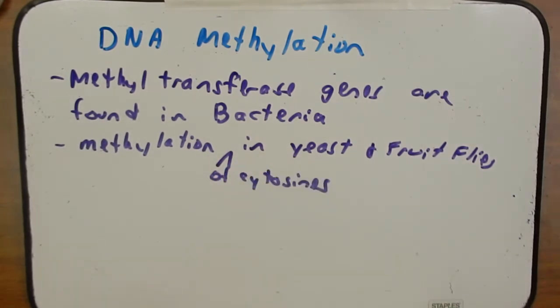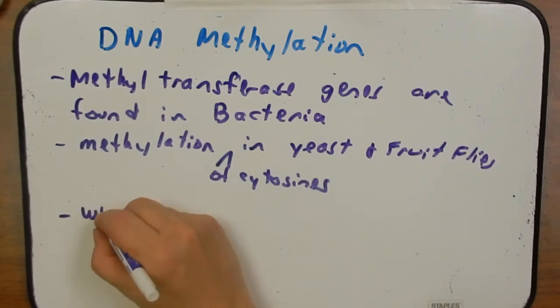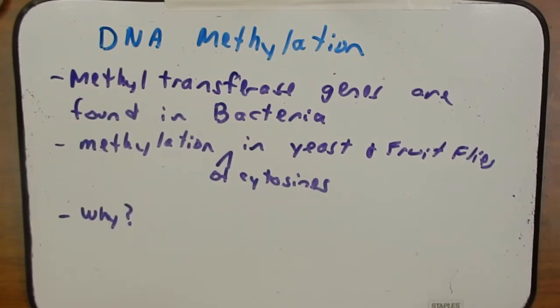So when it exactly occurred is debated, and there are some phylogenetic studies being done to try to trace it back. I don't want to spend time talking about that right now, but what I would like to talk about is maybe a possible why. Why did it develop? Did it develop in an early eukaryote or an early vertebrate, or maybe in a plant, to control expression of genes? Perhaps.